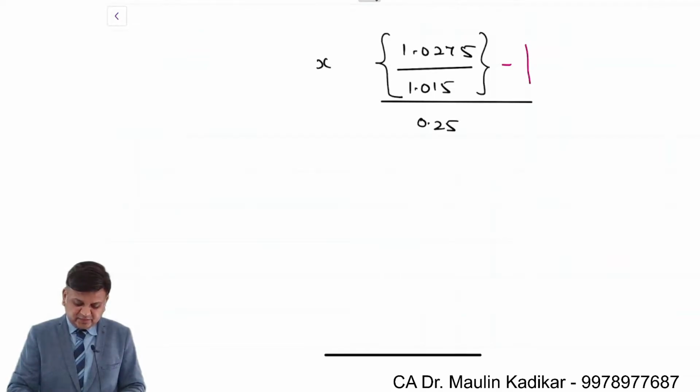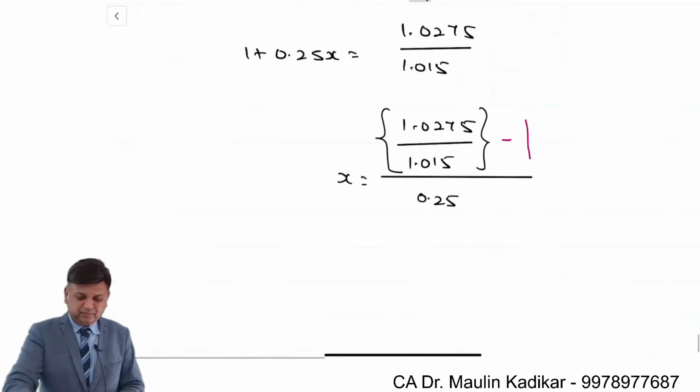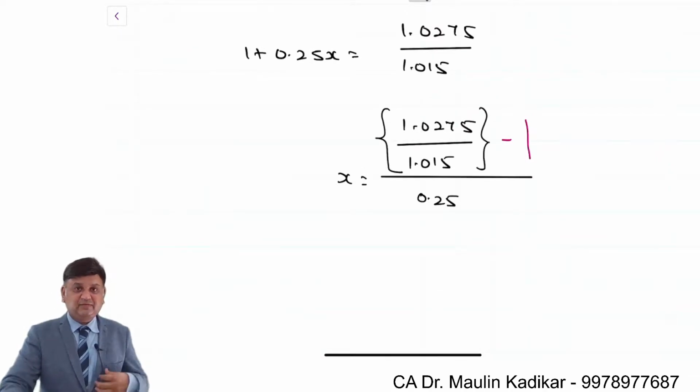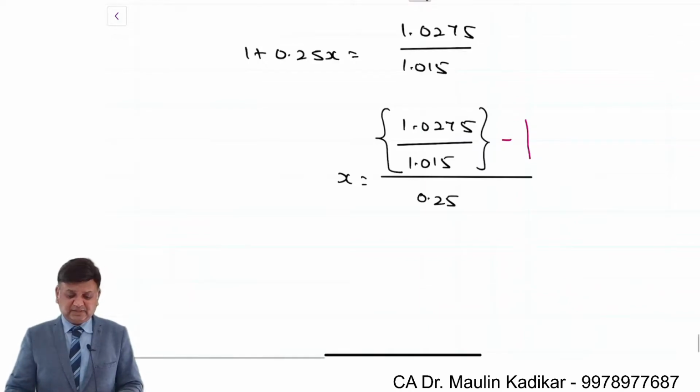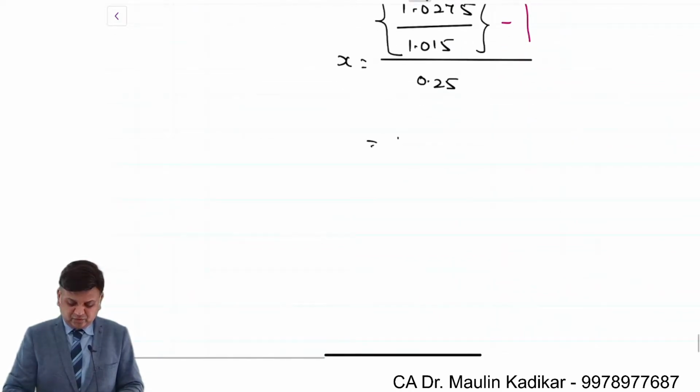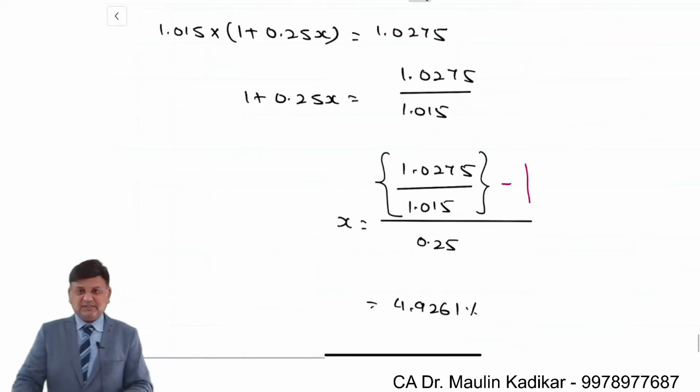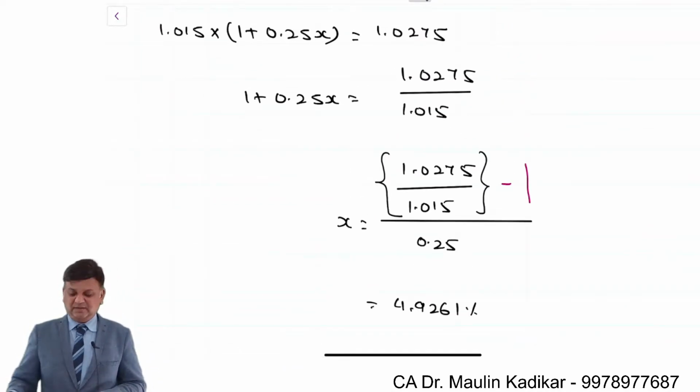This is the way x will be found as the balancing figure. 1.0275 upon 1.015 minus 1 divided by 0.25 into 100 for getting the answer in percentage terms. So it comes to 4.9261%.